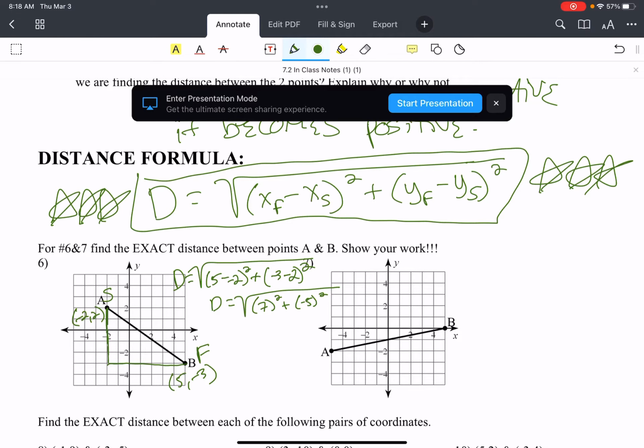Max doing okay? Yeah? Okay. So 49 plus 25. Didn't we already try to reduce the square root of 74 on the last page? And it didn't reduce, right? So there's my answer.